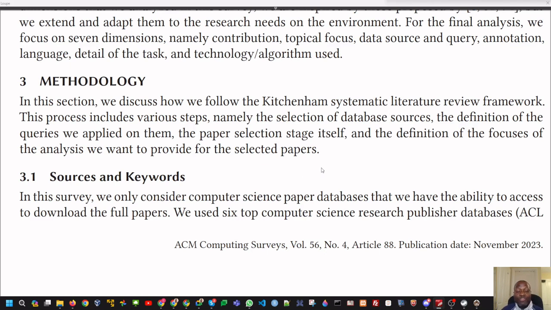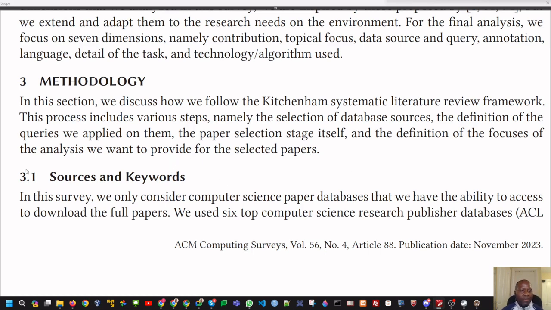But they give a very comprehensive methodology section. This helps for the work to be systematic. It means it clearly followed a well laid out procedure. And that is very important when we call something systematic.